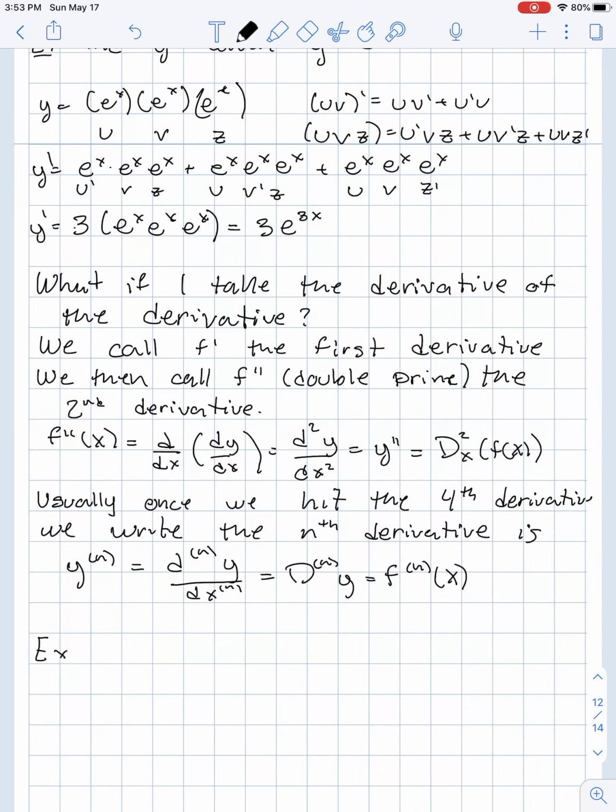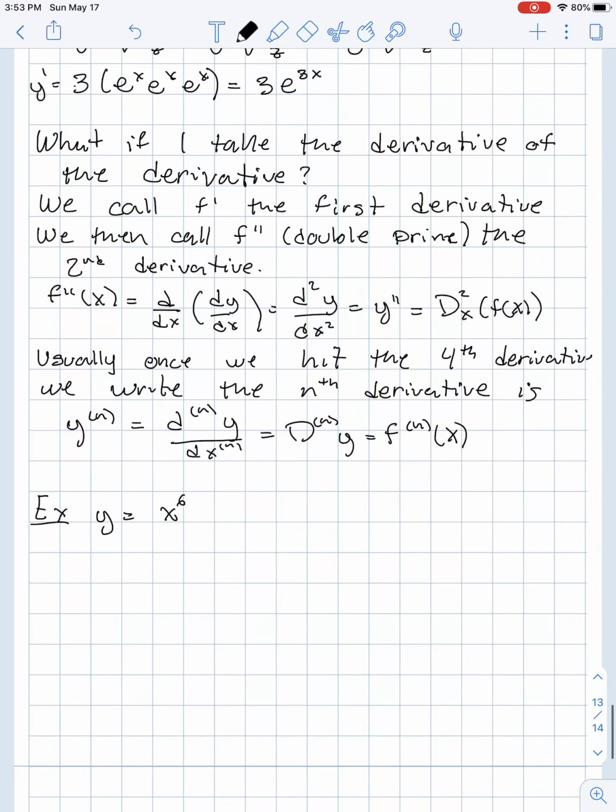All right, so an example is if we're given y equal to x to the 6th, y prime, I know from power rule, is going to equal, not 5, 6, x to the 5th. Y double prime will equal 6 times 5, which is 30, x to the 4th.